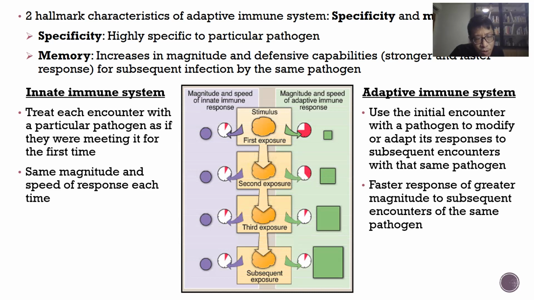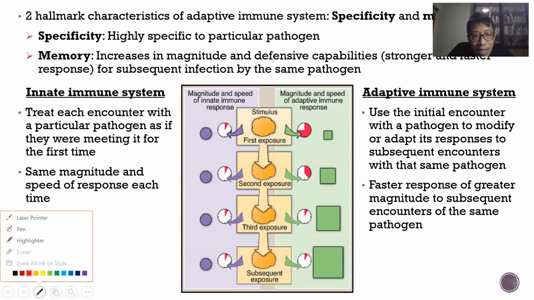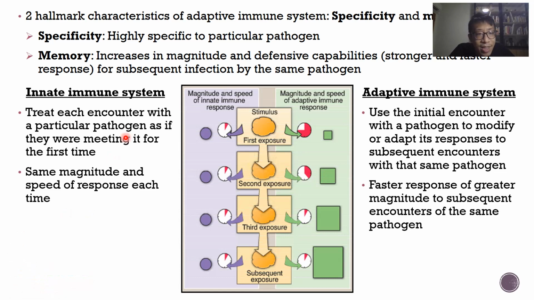Looking at the difference between the innate and the adaptive immune system. For the innate immune system, each time it encounters a pathogen, whether the same pathogen or a different one, the response is the same. There is no increase in magnitude or speed of response, as represented by the diagram here.